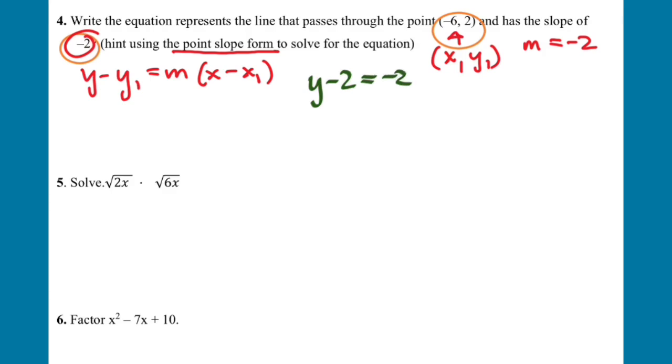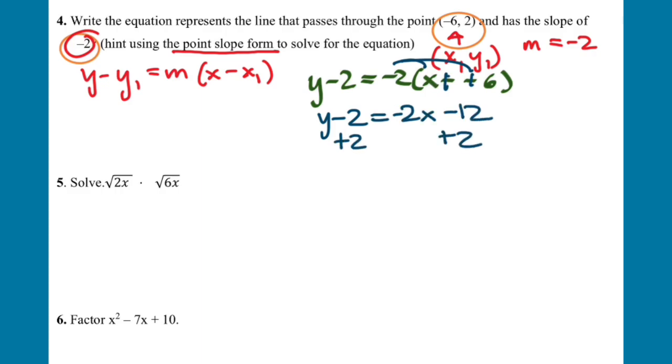So we have y minus y1, which is 2, equals our slope, which is negative 2, times x minus our x value, which is negative 6. And now we just solve for y. So we know it's a double negative. We distribute the negative 2, and then we add 2 to both sides to isolate y, and we get y equals negative 2x minus 10.